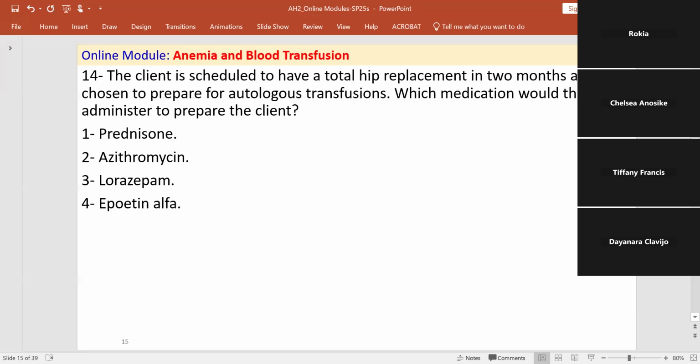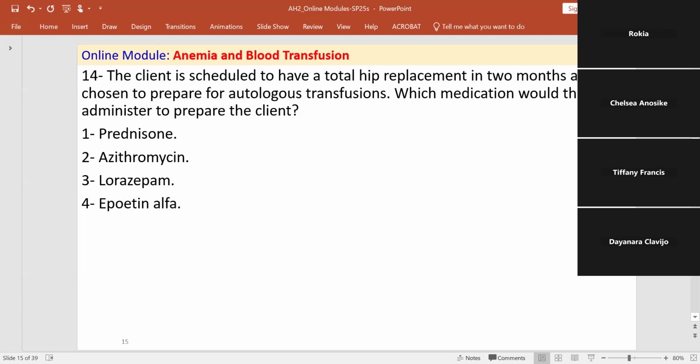14. The client is scheduled to have a total hip replacement in 2 months and has chosen to prepare for autologous transfusions. Which medication would the nurse administer to prepare the client?